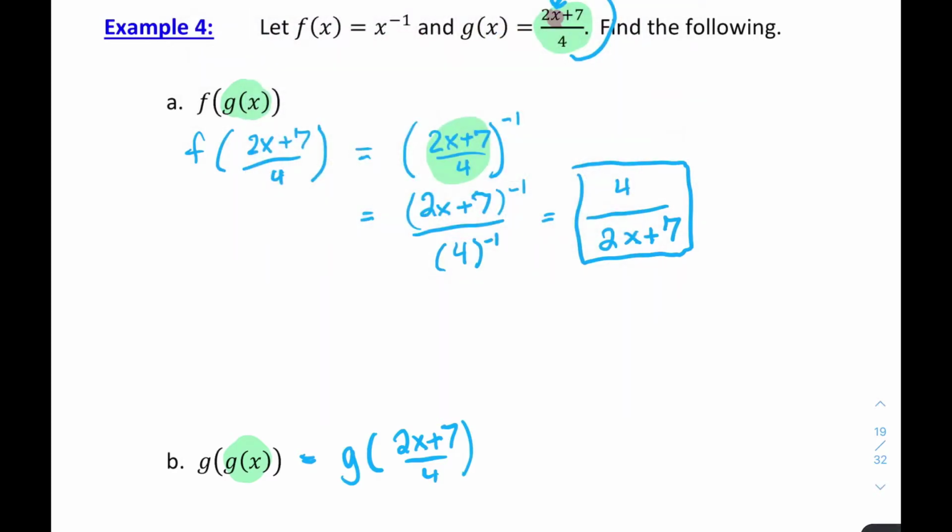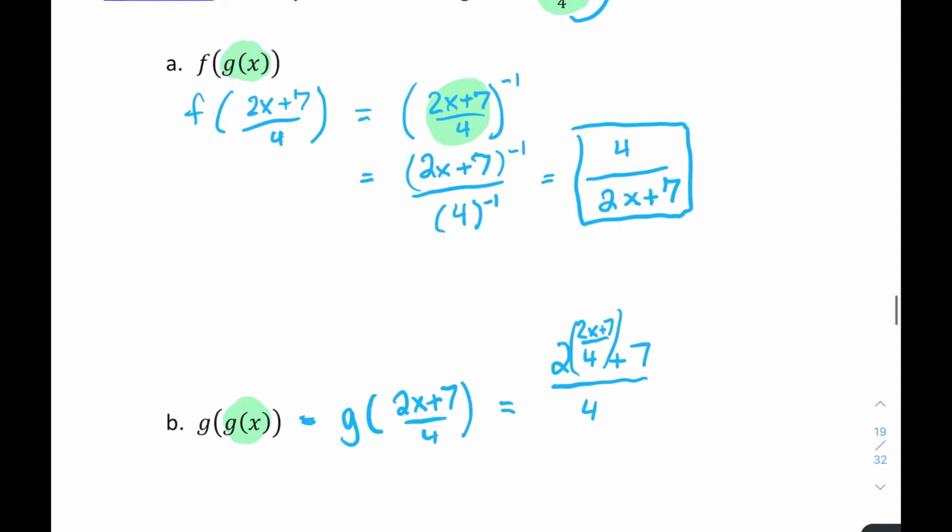So it is going to look a bit crazy. Let me write my original function g of x first. So this is just 2x plus 7 over 4, plain old g of x. And now I'm going to take and replace my variable with 2x plus 7 over 4. So I kind of had to squeeze it in there, but now I need to simplify.